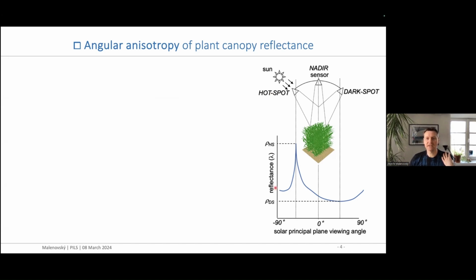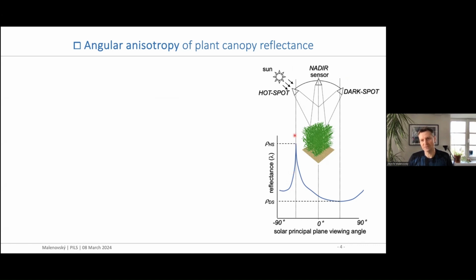So if we take any band of any reflectance, but let's say the most prominent structural impact is in the near infrared bands, and then we observe the reflectance from different viewing angles with respect to the solar illumination angle, then within the solar principal plane, which is the plane between the sun and our sensor, we will obtain different intensities of reflected light.